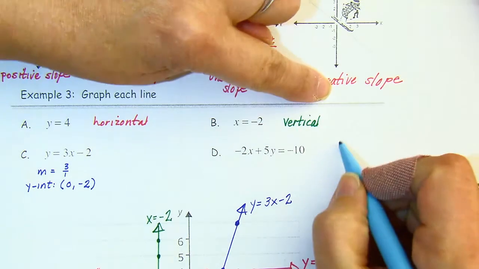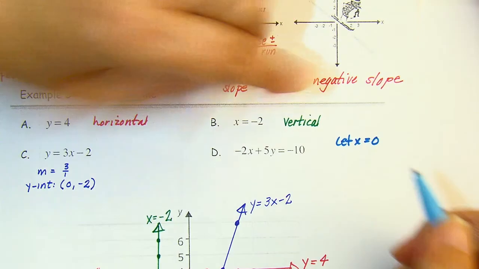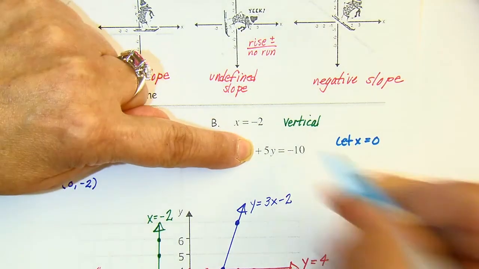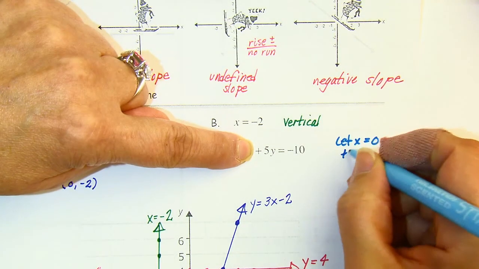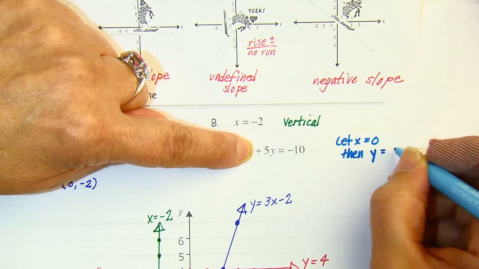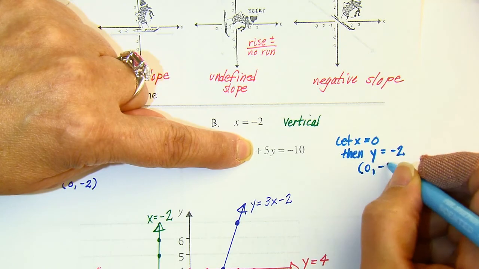If I let x equals 0, then I get 5y equals -10, or y equals -2. And so my ordered pair is 0, -2.